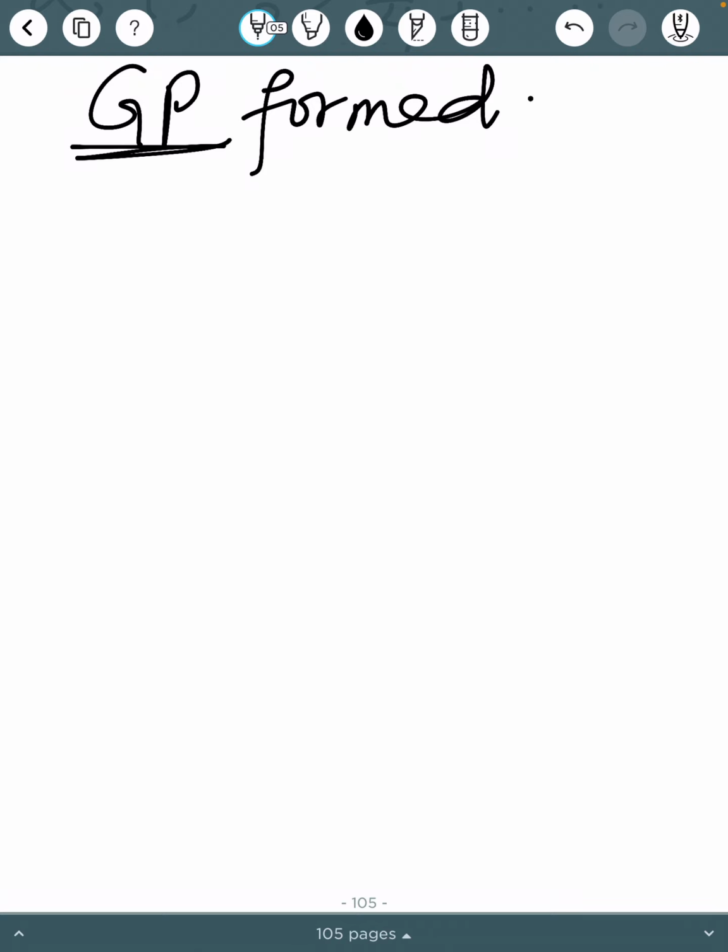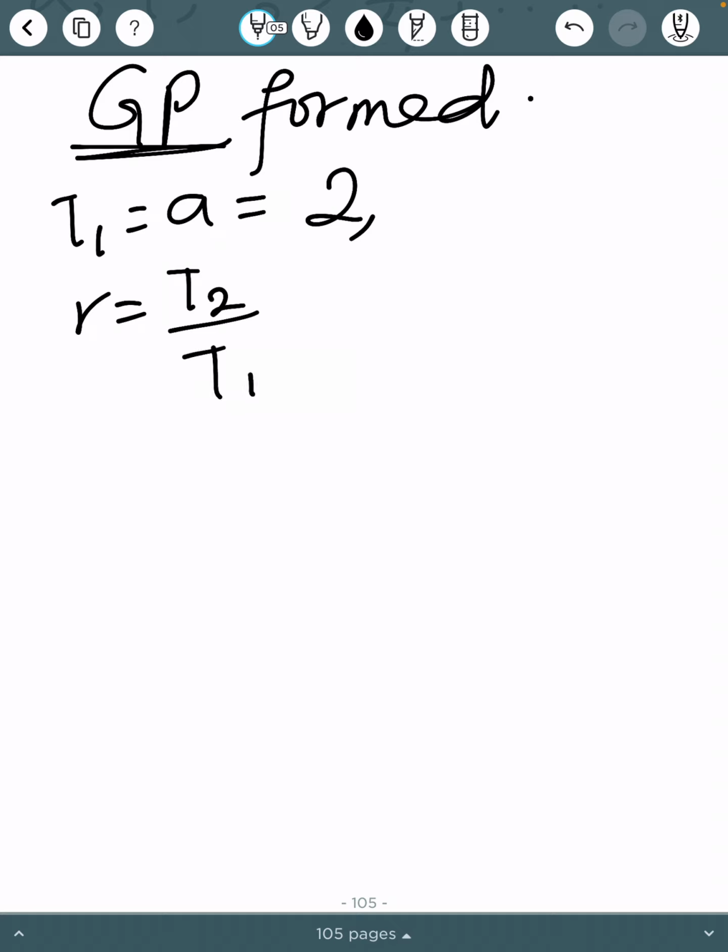This forms a geometric progression. This forms a GP. And the first term of the GP, which is my A, is 2. Also, the common ratio of the GP will be given by T2 over T1, which will give me 1 over 2, which is half.